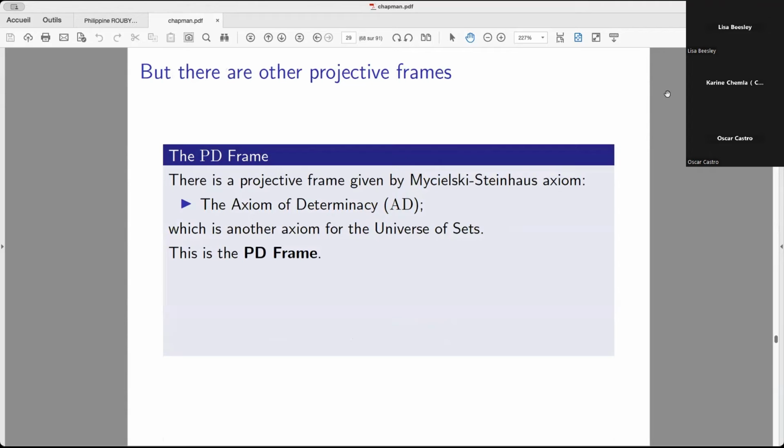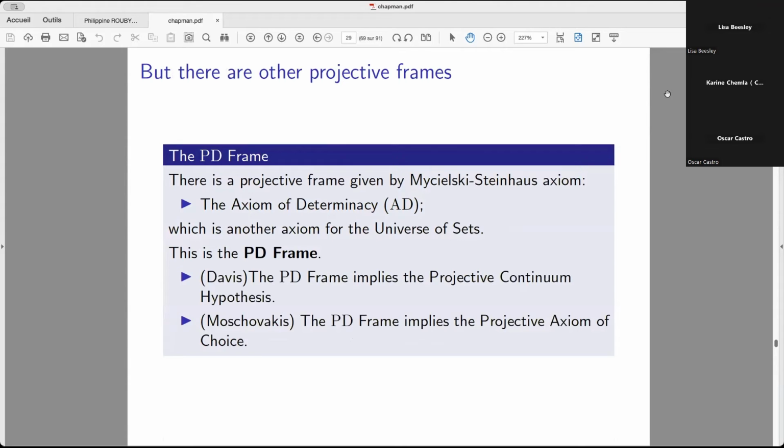That's not determinacy as opposed to free will, it's more about games. So there's a projective frame given by that axiom. We'll call that the PD frame, PD for projective determinacy. Davis showed that the PD frame implies the projective continuum hypothesis. Moschovakis showed that the PD frame implies the projective axiom of choice. So we have the Gödel frame, we have the PD frame.